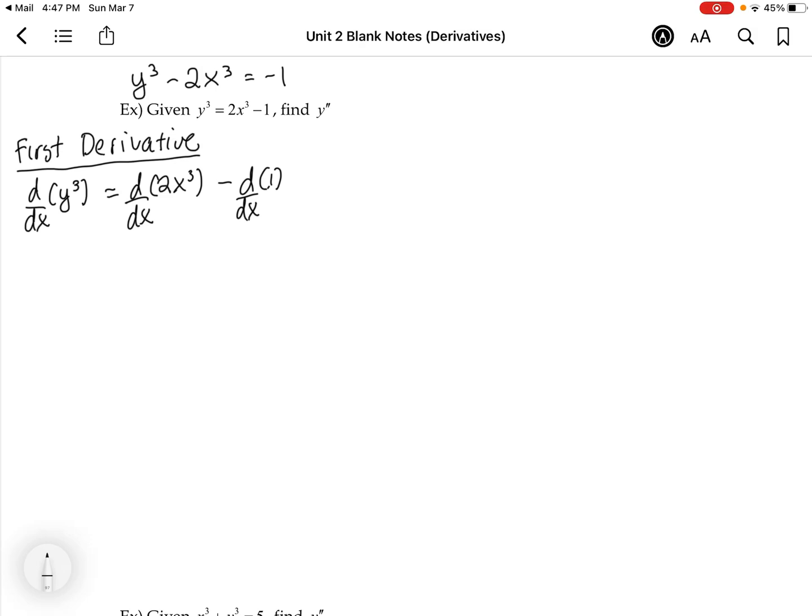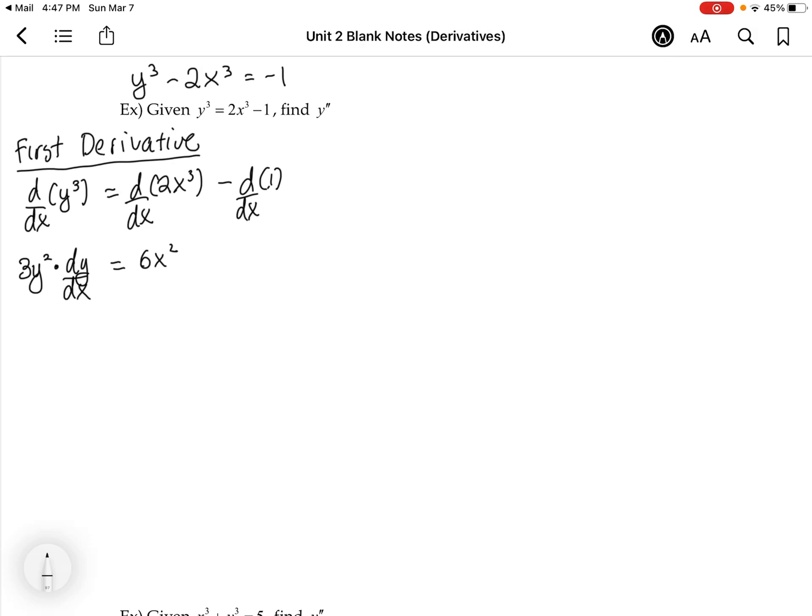On the left side, the derivative of y cubed is 3y squared times dy dx, equals the derivative of 2x cubed, which is 6x squared, and then the derivative of 1 is just 0. So all I have on the right side is 6x squared.